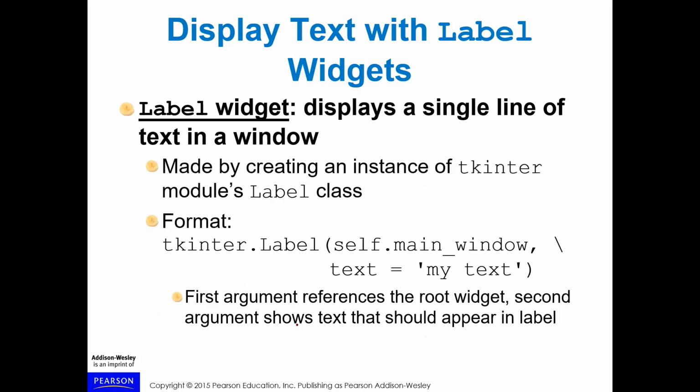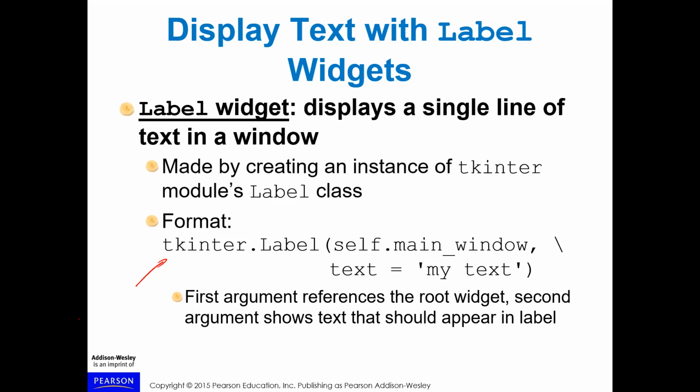This slide says, display text with label widgets. The label widget displays a single line of text in a window. It's made by creating an instance of the tkinter module's Label class. So you can see that here.